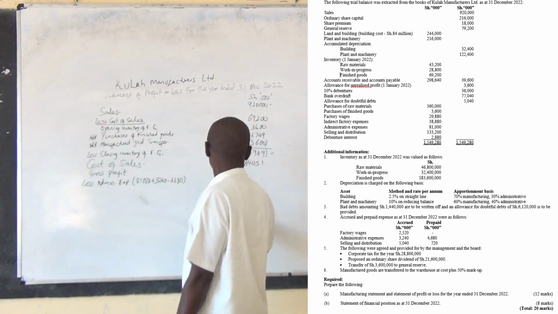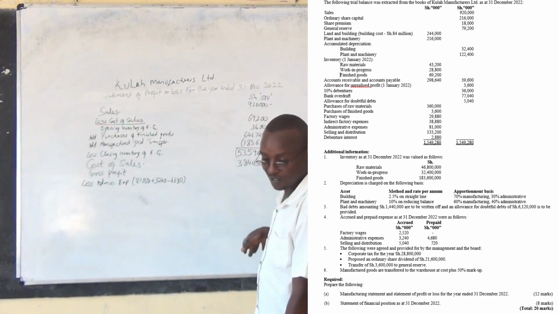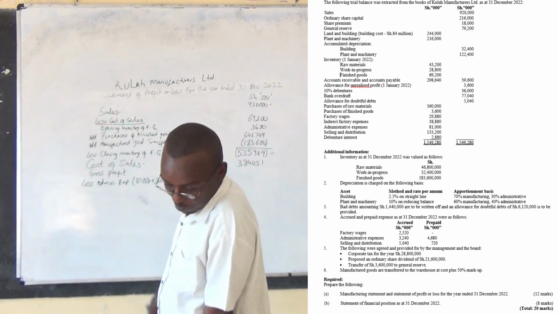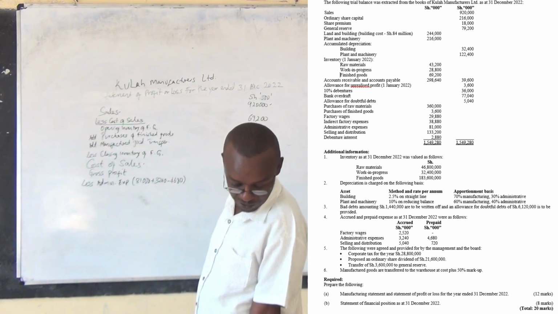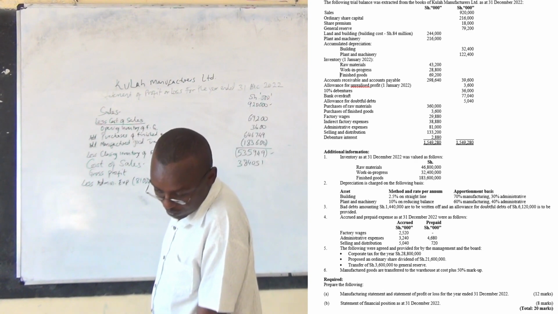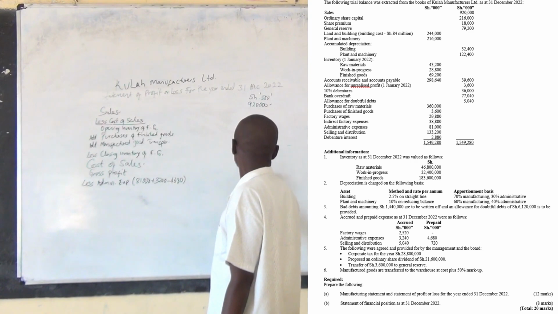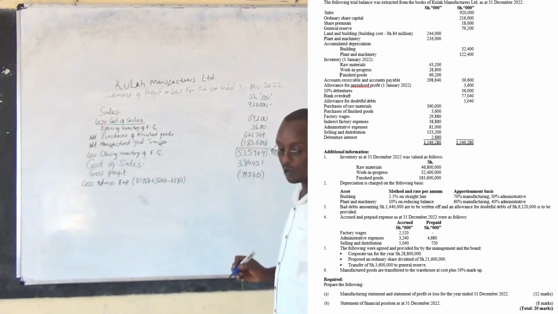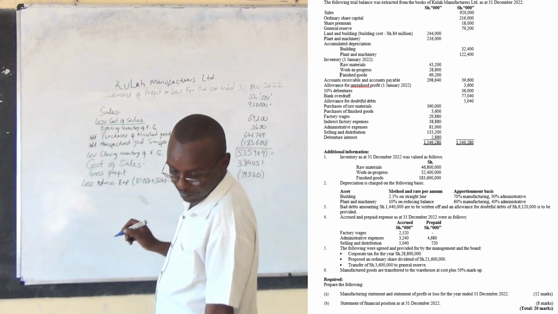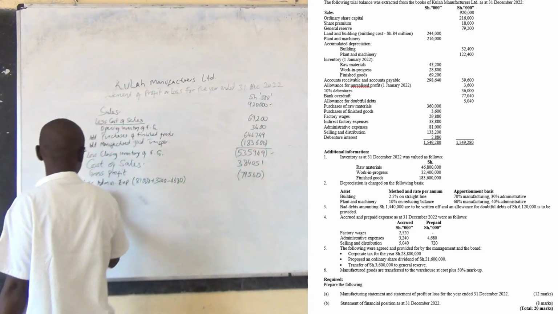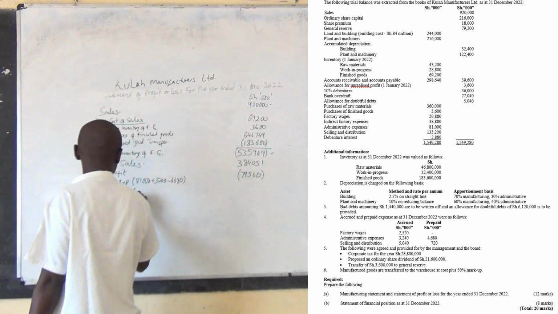These expenses, I prefer to put them here, more than doing one separate statement. You understand? When we are doing the initial levels, as we advance, you get 79,516. So this one we are going to raise. We have selling and distribution expense.